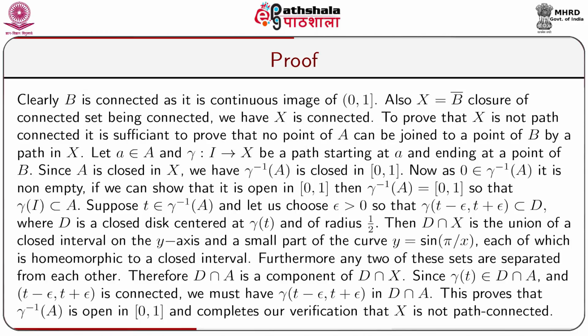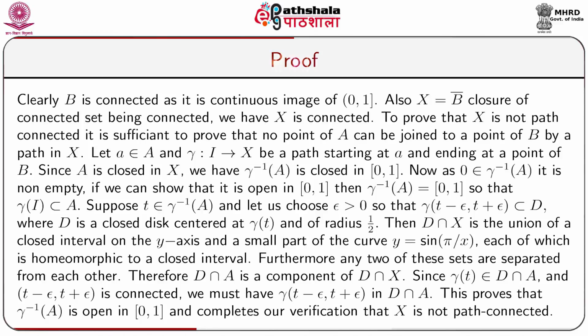To prove that X is not path connected, it is sufficient to prove that no point of A can be joined to a point of B by a path in X. Let a belong to A, and possibly gamma from I to X be a path starting at a and ending at a point of B.